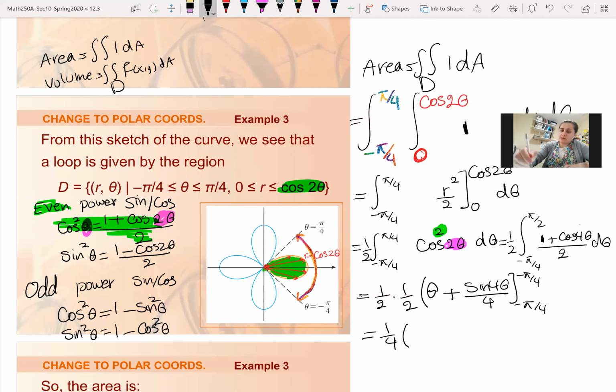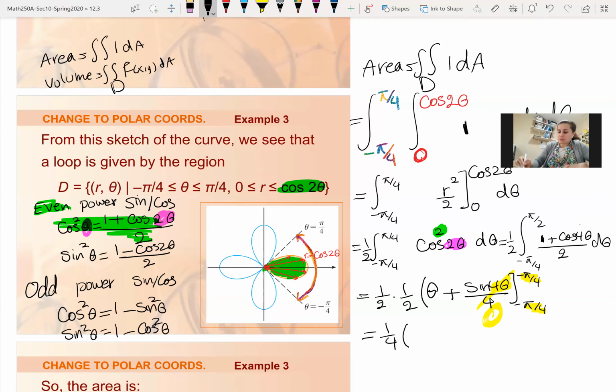And then one more time, this part, you need to plug in pi over 4. 4 times pi over 4 gives you sine of pi. So this entire piece, if you plug in, gives you 0, because it's sine of pi, which is 0.